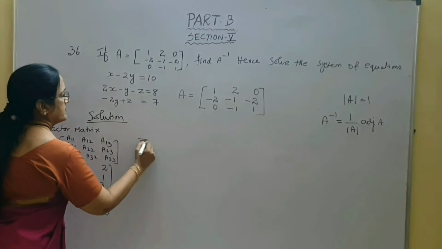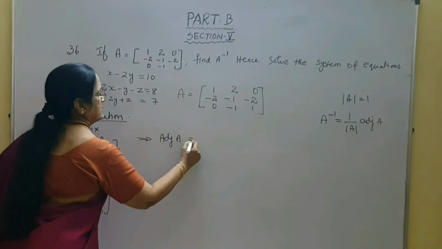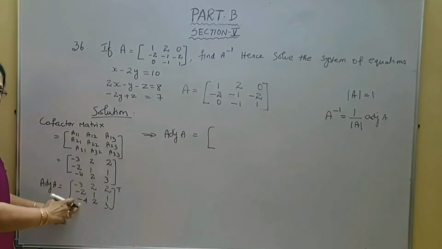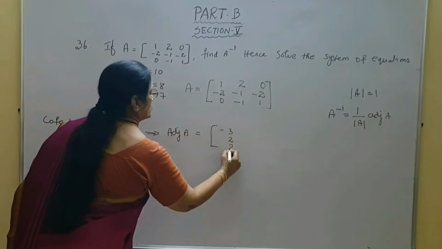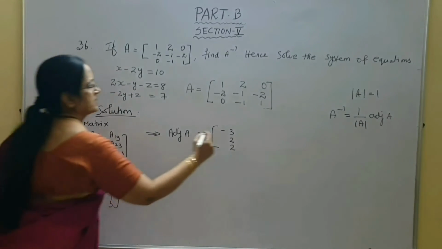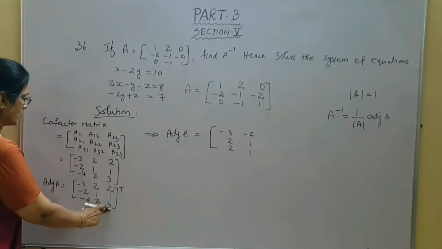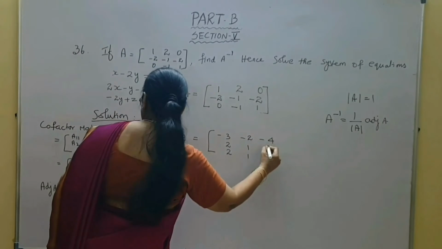This implies adjoint of the matrix A is, now see here, the first row will become the first column, minus 3, 2, 2. Second row will become the second column, minus 2, 1, 1. Now third row will become the third column, minus 4, 2, 3.